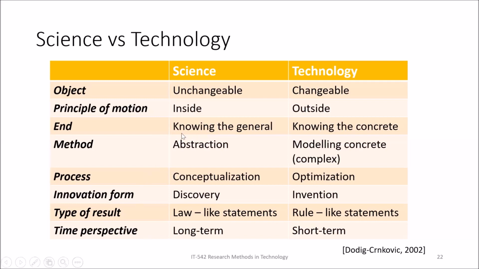The method that we use in science is abstraction. Abstraction means combining a couple or most of the things to get an abstract solution, or you can say an abstract statement. I'll give a technical example of abstraction. You know about the different colors, red, green, and blue.